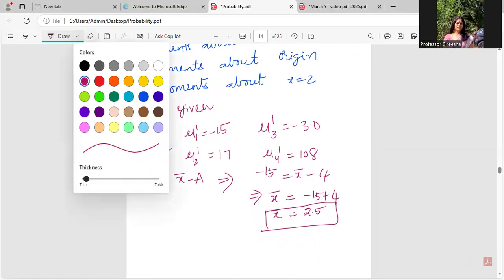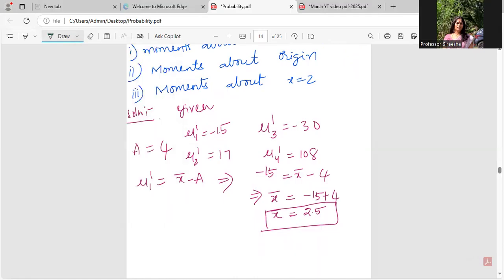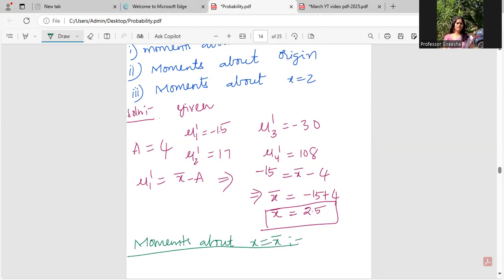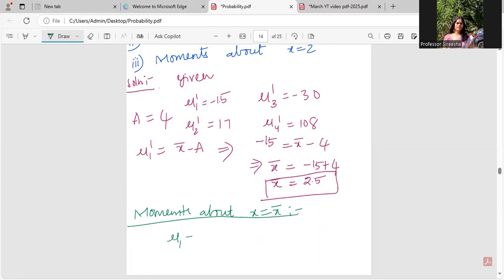Let me write the moments about x equal to x bar, which is nothing but the mean. Mu1 is 0. The second moment formula I ought to remember: mu2 is mu2 prime minus mu1 prime whole squared. You can see every suffix is 2.